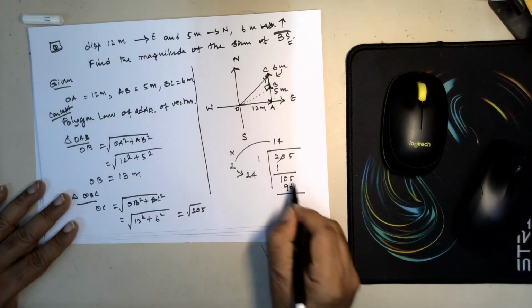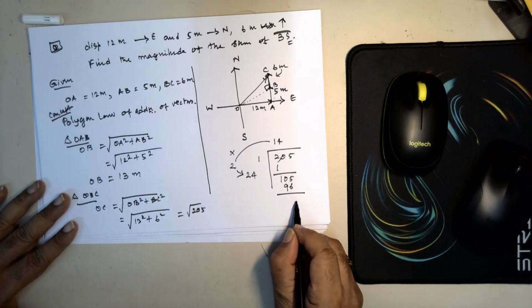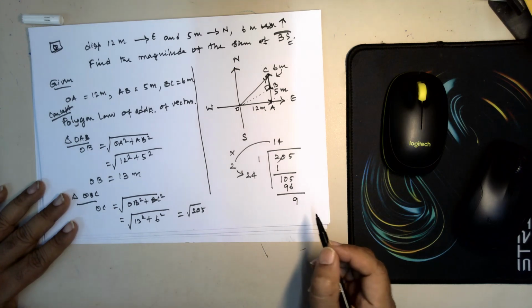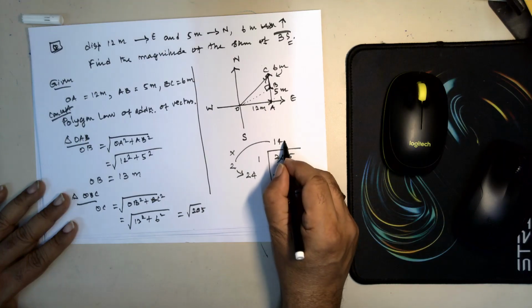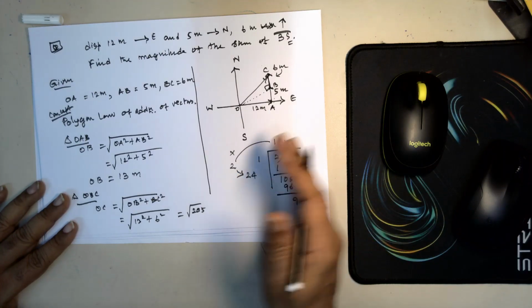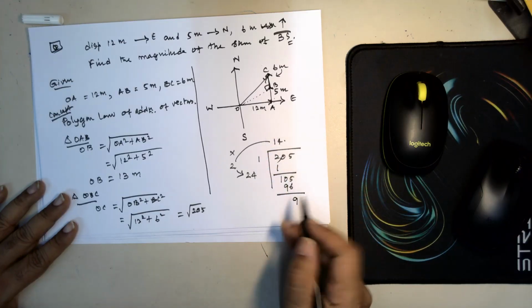Got it? And therefore the remaining is how much? 15 minus 6, that is 9, right? And put a decimal point, because we don't have any number, but you can drop 2 zeros here.